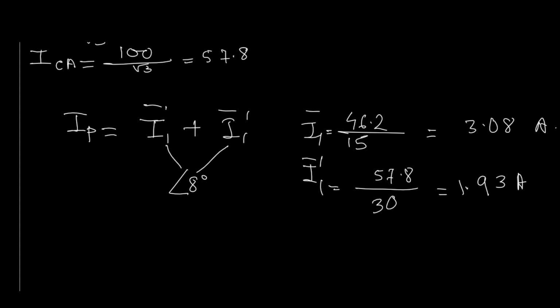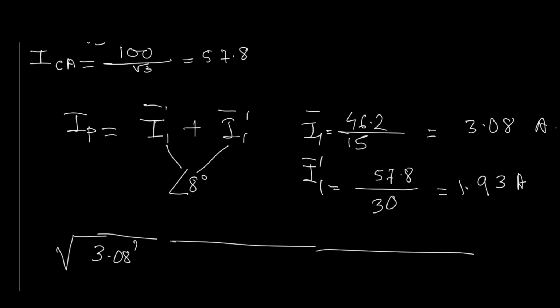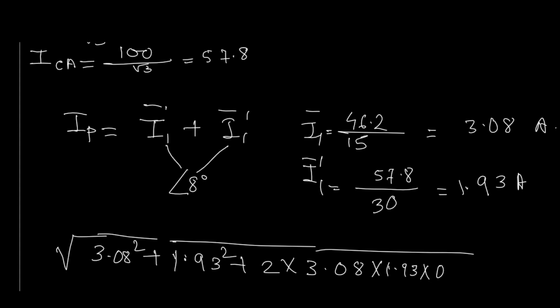Again, it is not a straight sum, but it is root of 3.08 square plus 1.93 square plus 2 into 3.08 into 1.93 into cos 8, which is equal to 5 ampere, right?